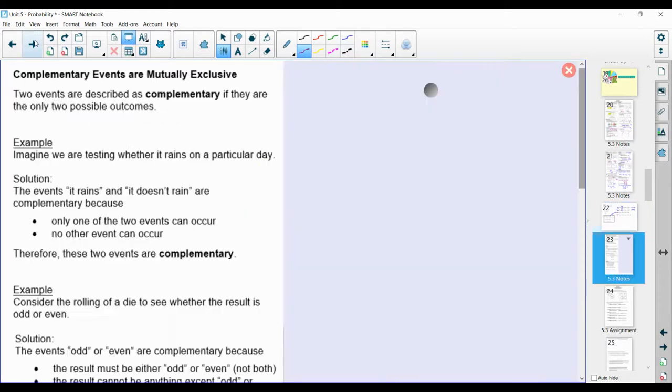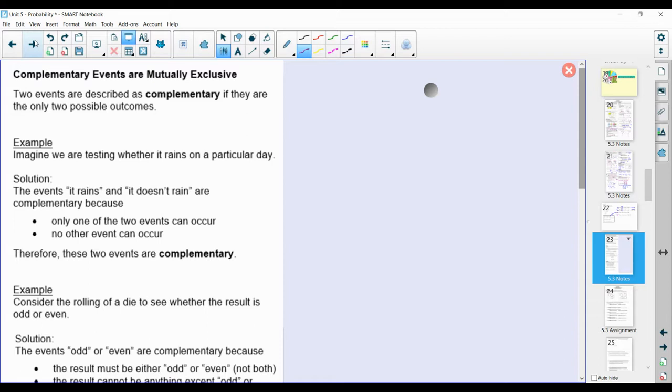All right, so when we're talking about mutually exclusive events, that also brings up complementary events. And it's important for you to know that an event can be mutually exclusive, but not necessarily complementary. And we're going to go through some examples here shortly. So 2 events are described as complementary if they are the only 2 possible outcomes. For example, if I'm rolling a die and the outcome is either evens or odds, that would be an example of a complementary event.